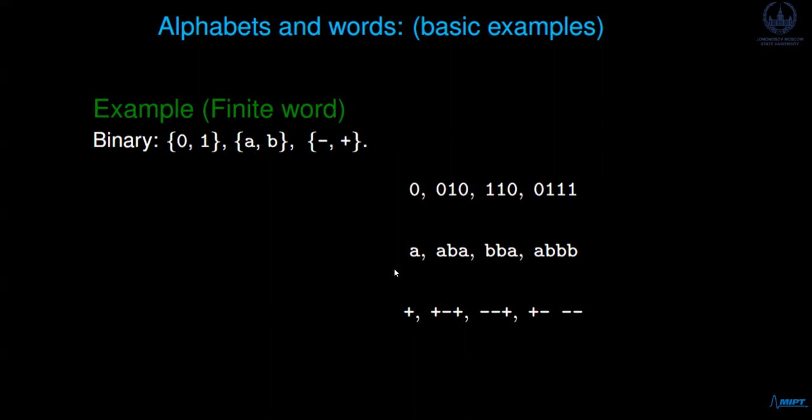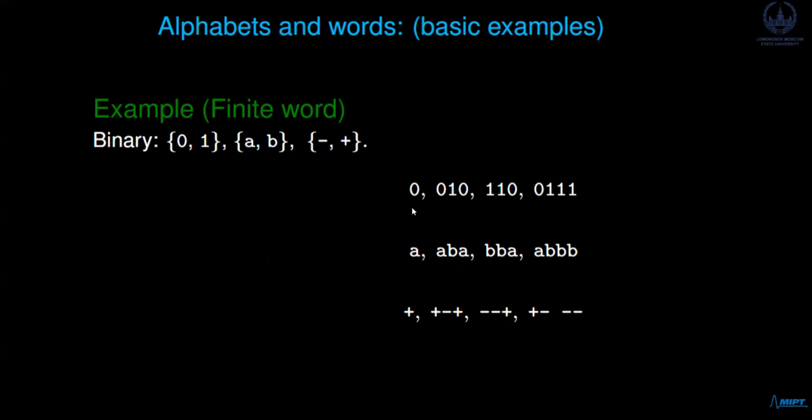So lastly, consider an alphabet of symbols. For example, minus, plus. Using this alphabet, we can create words such as plus plus, minus minus, plus minus, and minus minus. The rules for forming words are the same as before. It's just the symbols that are different.